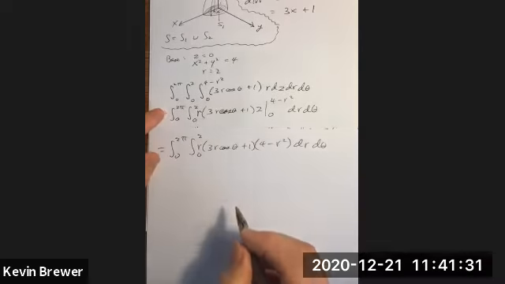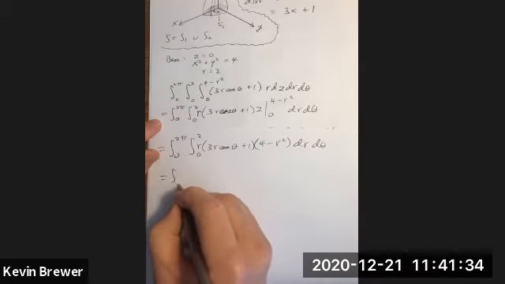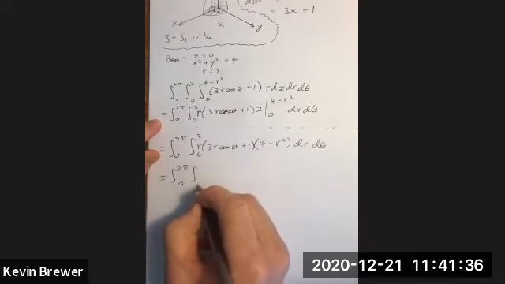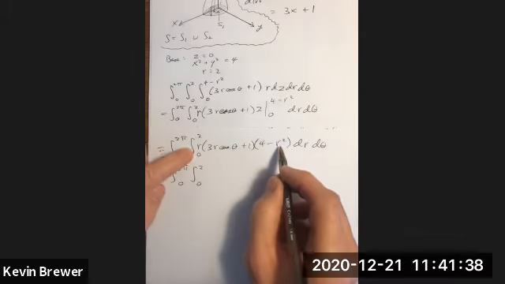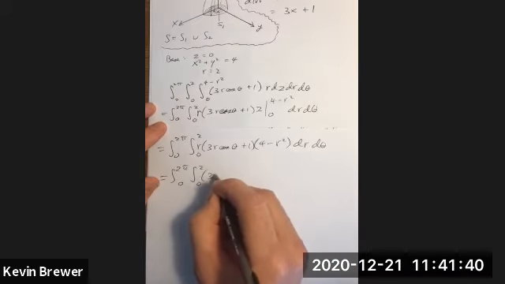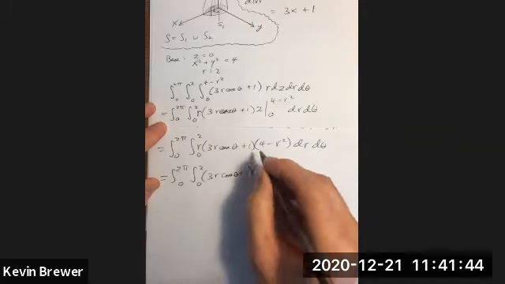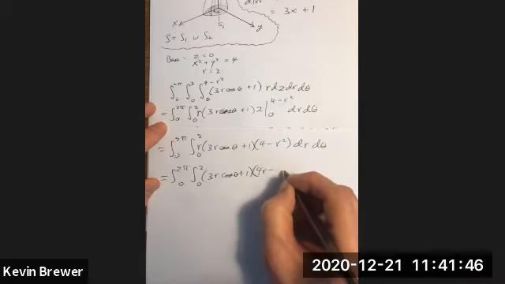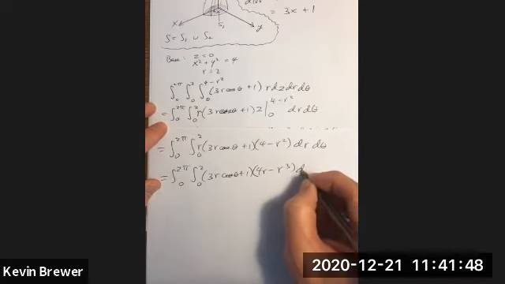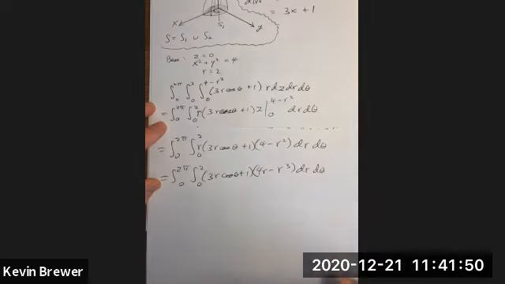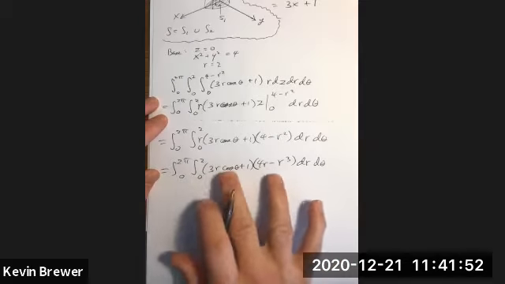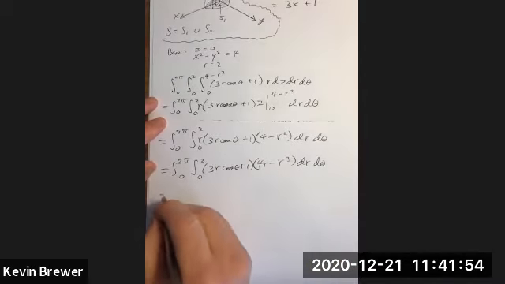And I've got the r here. Let's first put the r into one of these. Let's make this 4r minus r cubed dr d theta. And then multiply all of this out.